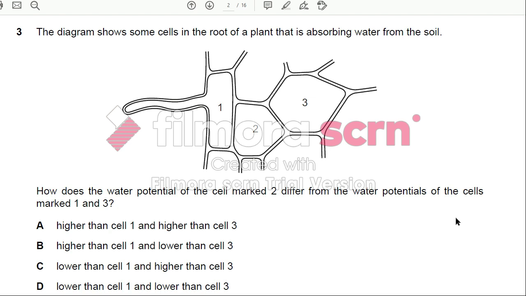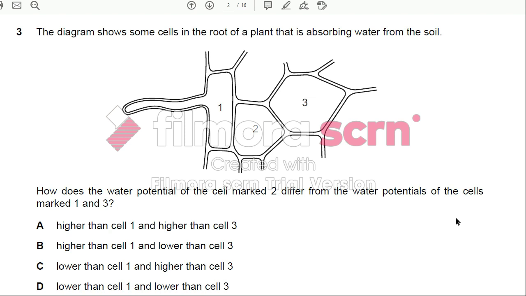So directly from the soil, water will be absorbed in cell 1. When it reaches cell 1, cell 1 will have the highest water potential as compared to cell 2 and 3. Next, water will move to cell 2 and next to cell 3.